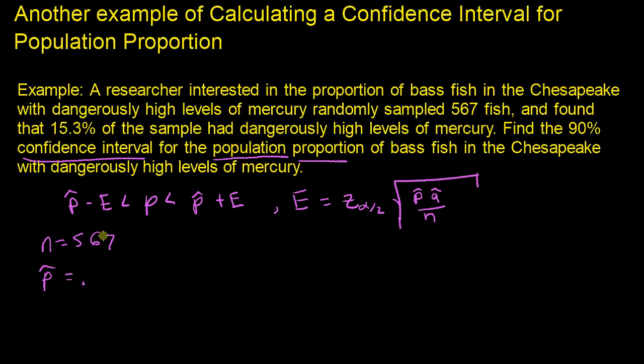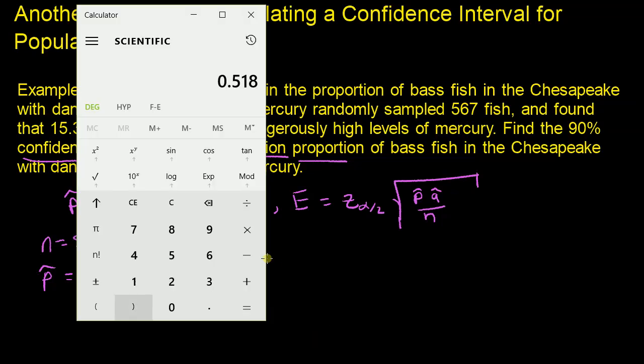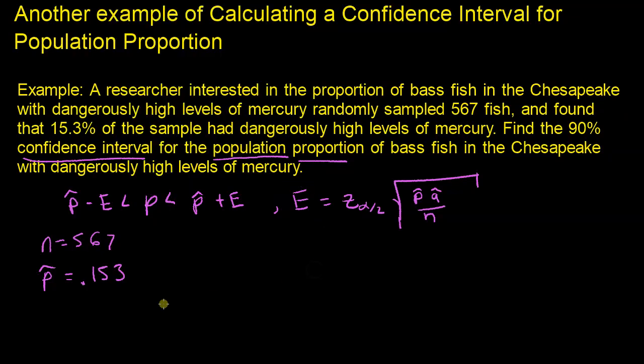So 15.3% would be 0.153, right? Remember, when you're converting from a percentage to a decimal, just go ahead and divide by 100. You'll get 0.153. Or another way to think about it is just move the decimal place over 2 places to the left.